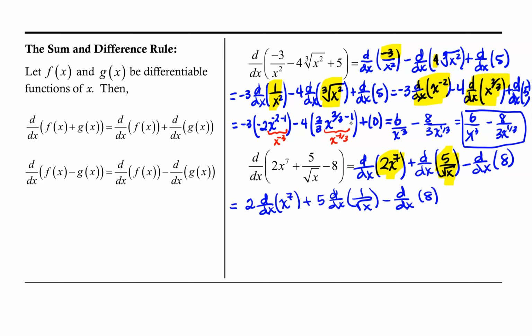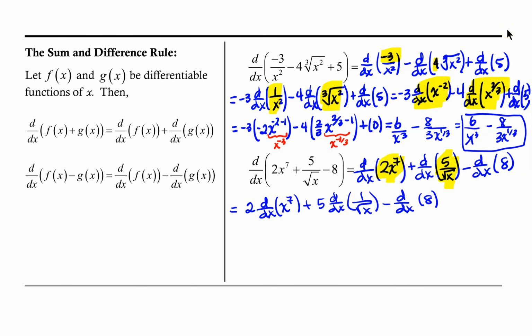Now, I can use the constant rule on 8. I can use the power rule on this x to the 7th, but I need to rewrite this 1 over the square root of x so that I can apply the power rule.